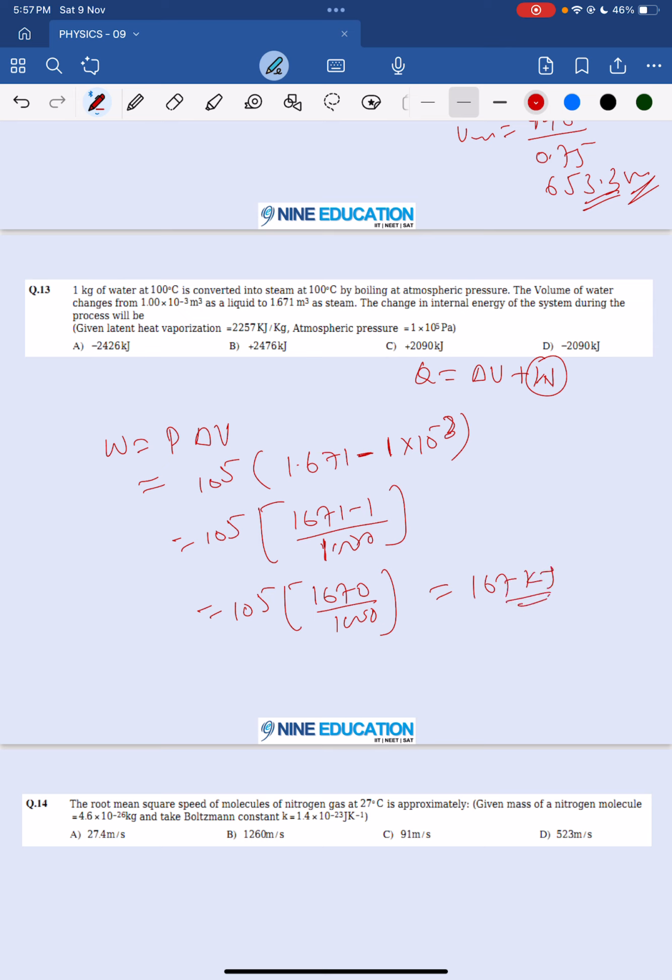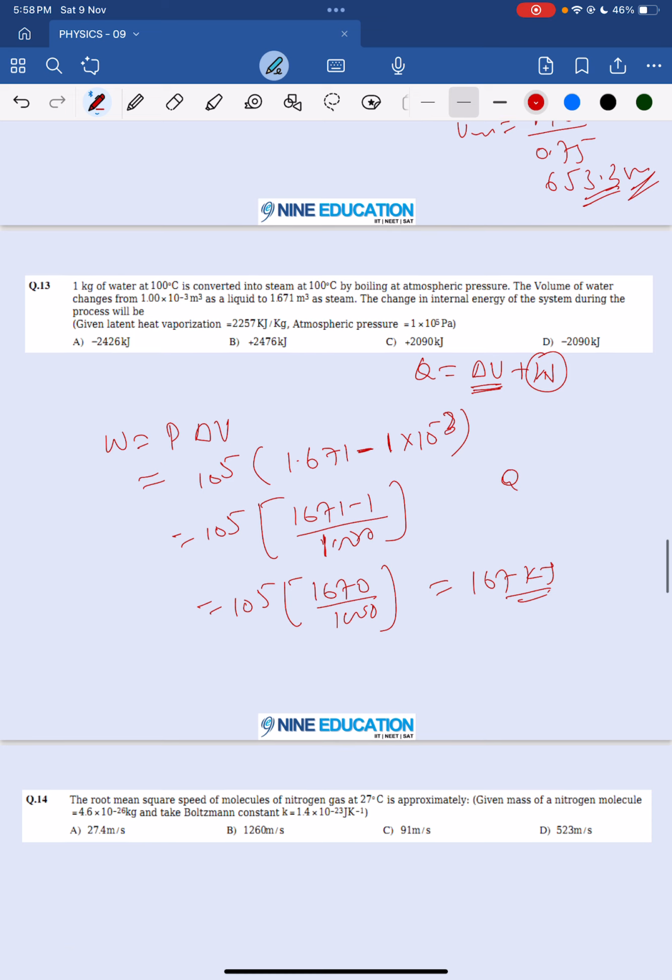Now we know that it is 167 kilojoule, and they are asking us what is the change in the internal energy, delta U. So we know work done. Do we know Q now? Sir, Q, how we are going to figure out? Sir, it is converted into steam. So Q is going to become, bache, Q equals to ml, है ना? How much water is there, sir? It is 1 kilogram. 1 kilogram of water at 100 degrees Celsius is converted into steam.